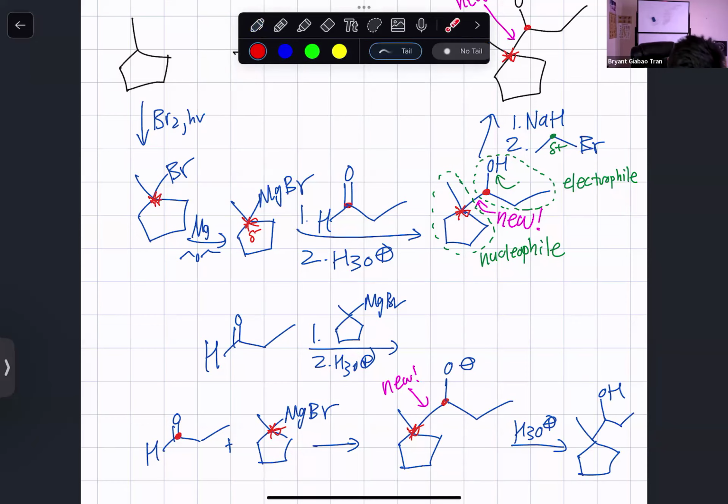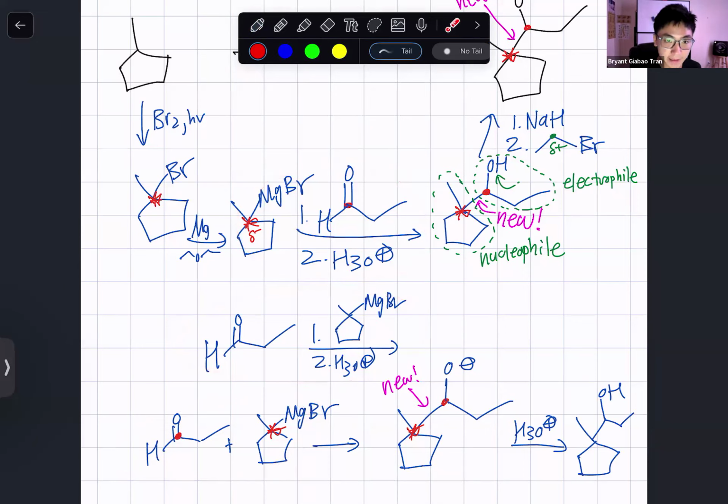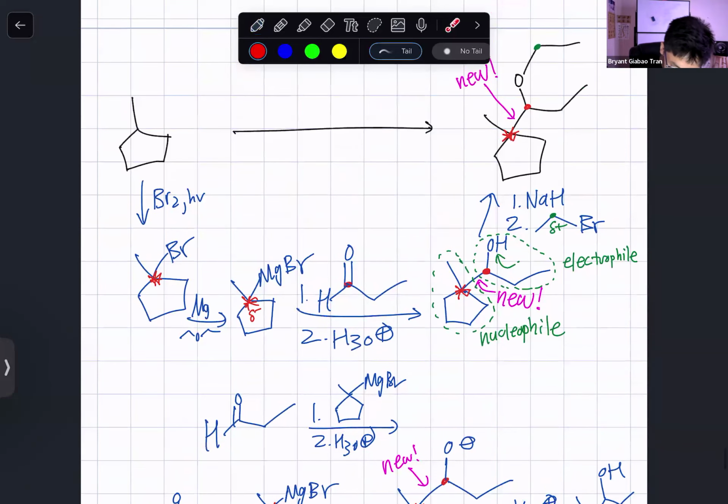These are the reactants, which could be represented as this or this right here on the synthesis. So it just depends on what the synthesis reactant gives you, and that's how you tell if it's going to be the nucleophile or electrophile, depending on what the product is.